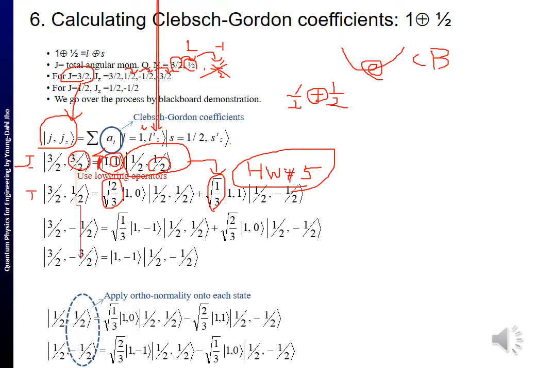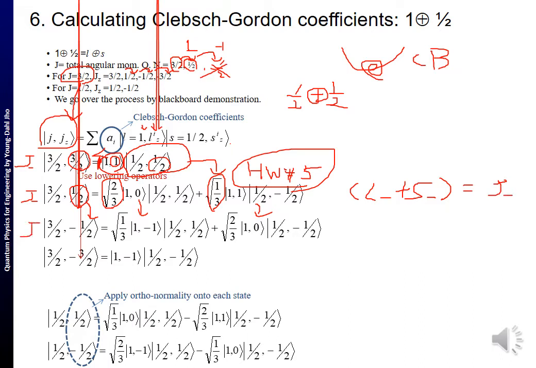By applying the lowering operator again, this quantum number 1/2 goes down by 1 to become minus 1/2. Then this one also gets applied with the lowering operator, again L minus plus S minus, because they are actually just the same as J minus.